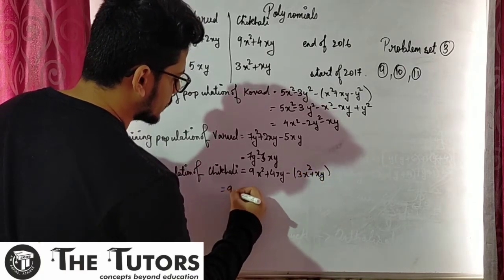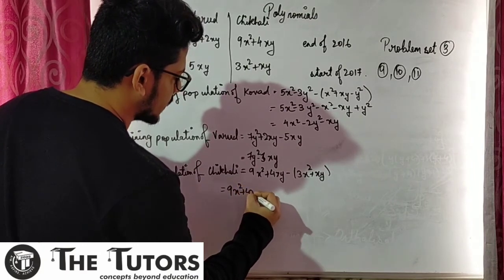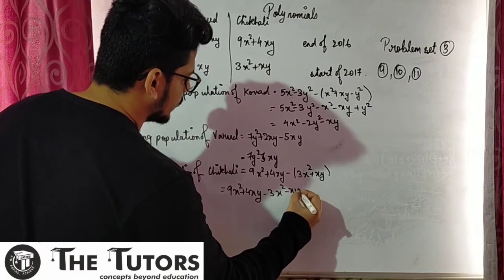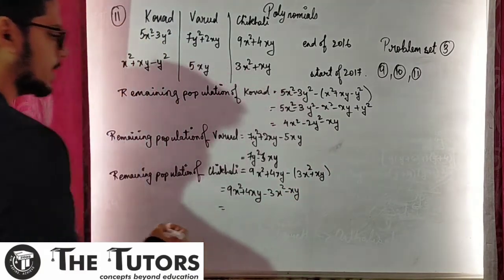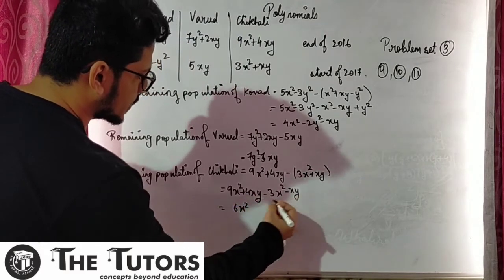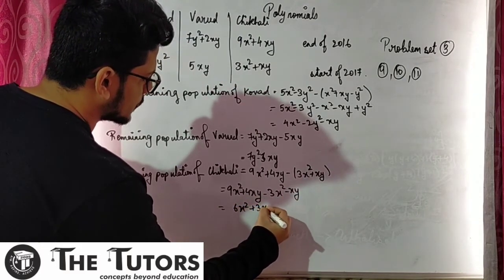You get 9x² plus 4xy minus 3x² minus xy. 9x² minus 3x² is 6x², plus 4xy minus xy is plus 3xy.